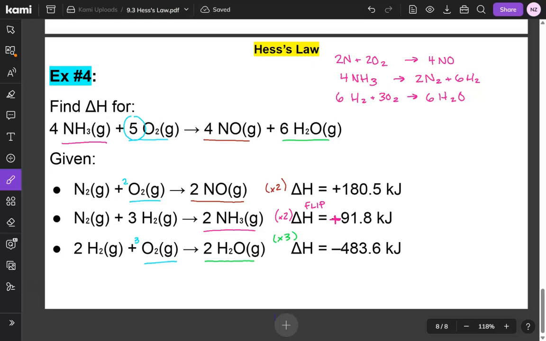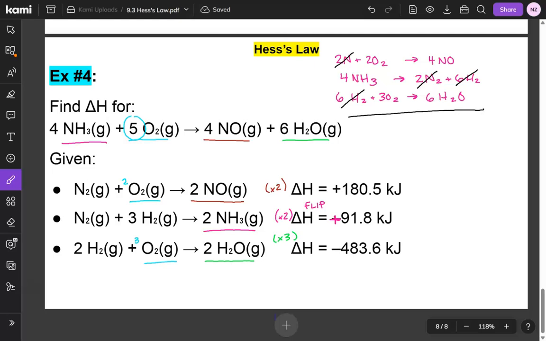So it looks like our nitrogens are going to cancel out. And what else can we cancel out? That looks like it is it. Nope, I lied. We can also cancel out our hydrogens here. Now I think we're good.